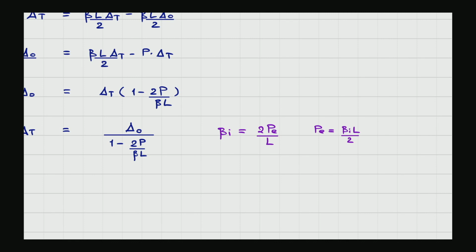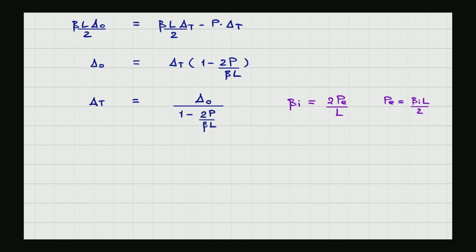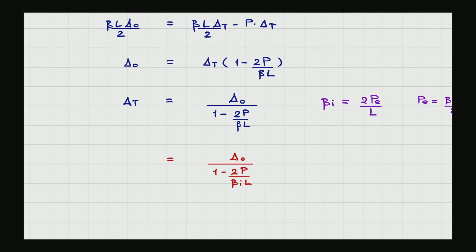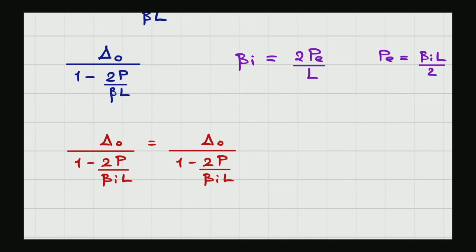And now it is possible to plug in. So first of all, this can be plugged in, and then you end up with delta naught divided by 1 minus 2 times P, and then you substitute the beta I over beta IL. Copy and paste it. And instead of beta I, just substitute that whole thing.